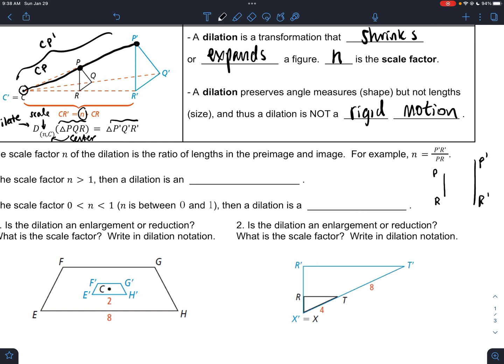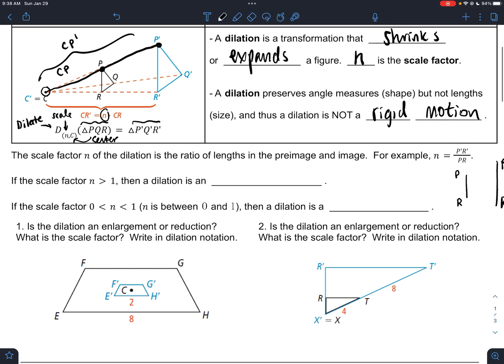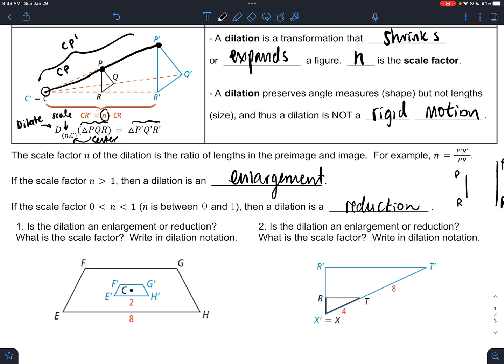So the way you get the scale factor is by taking the final divided by the initial, or the length of the image divided by the length of the pre-image. It gives the before and after effect. So if the scale factor ends up being bigger than 1, then it's an enlargement. If the image is bigger, it's an enlargement. And if the image is smaller, if the scale factor is a proper fraction, the dilation is a reduction or a shrink.